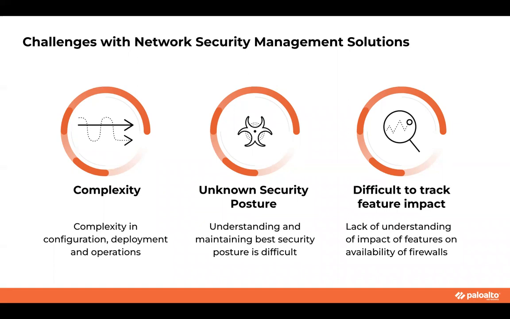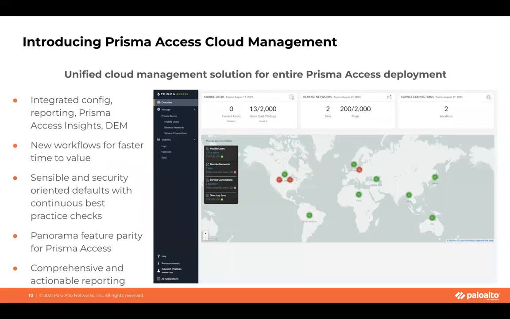Taking all these things into account, in the features that we're going to go through, we'll talk about how each and every feature falls into these categories, solving the issues seen here. So about around the first quarter of last year, we announced the Prisma Access Cloud Management platform.